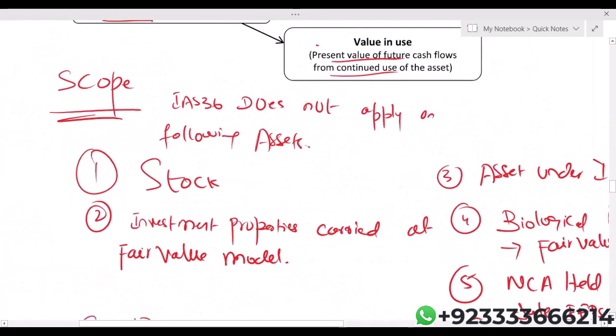So this is the list on which IAS 36 is not applicable. It means other than this list, on all other assets, IAS 36 is applicable.